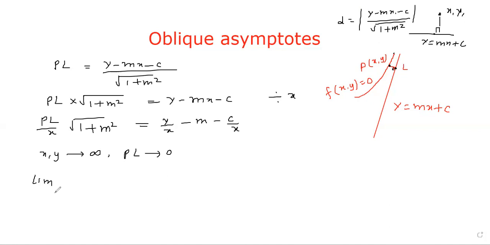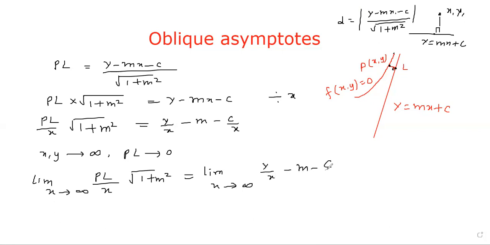Limit x tends to infinity, the same thing, PL divided by x root of 1 plus m squared equals limit x tends to infinity y upon x minus m minus c upon x. Here, as I told you, at infinity this perpendicular length will become 0. So the LHS will become 0.